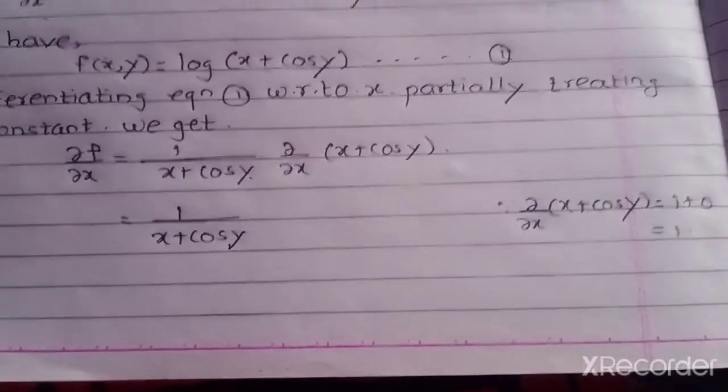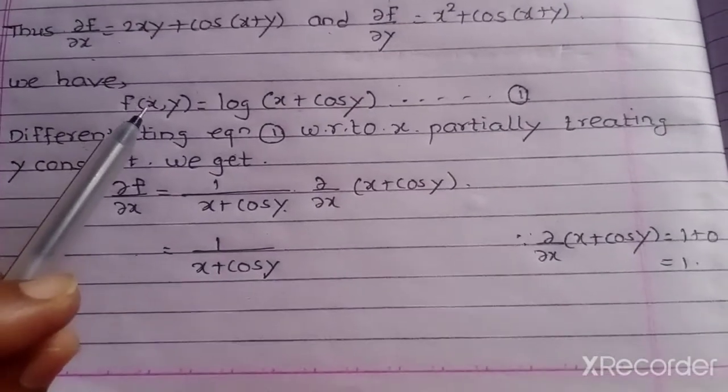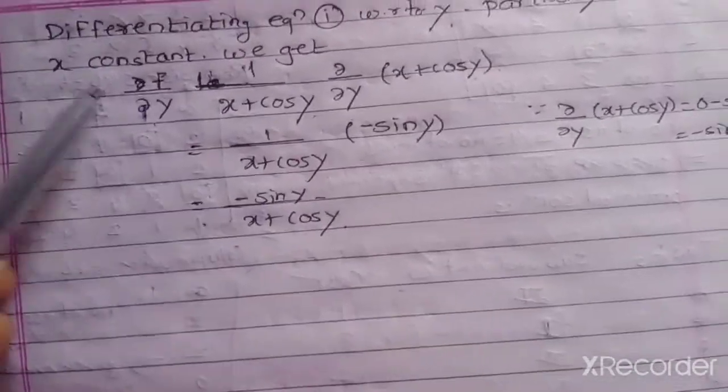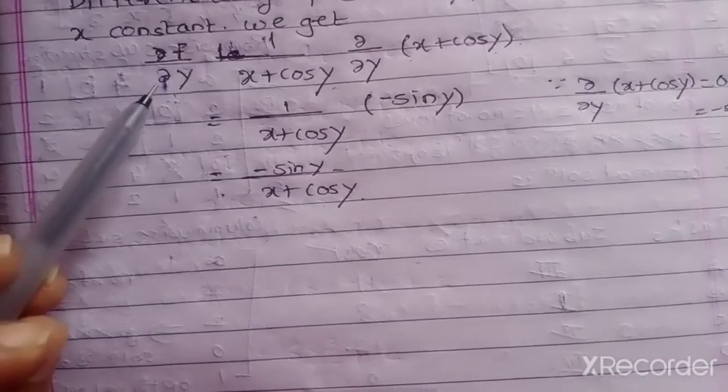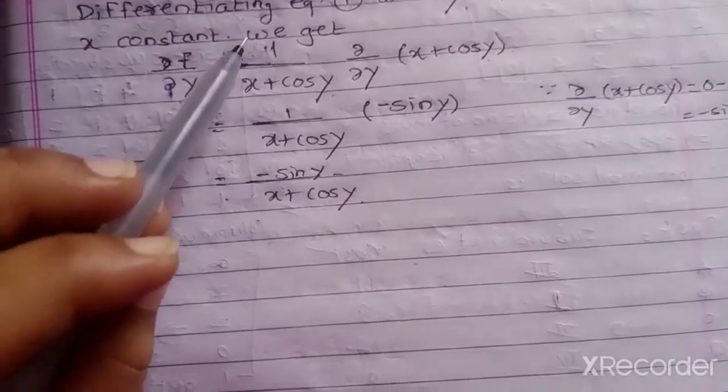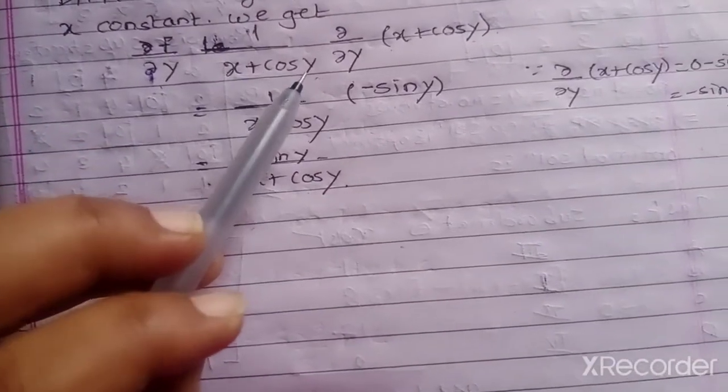In a similar manner, we differentiate the function f with respect to y, at that time treating x as a constant. So we write ∂f/∂y. The derivative of log(x + cos y) is 1 upon (x + cos y).